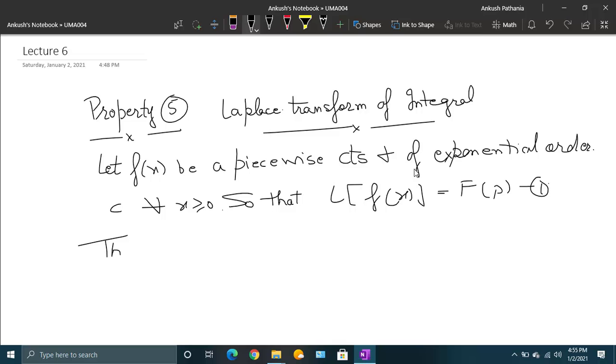Then according to property number 5, if we have to find the Laplace of the integral from 0 to x of f(x) dx, that value is given by F(p) upon p.